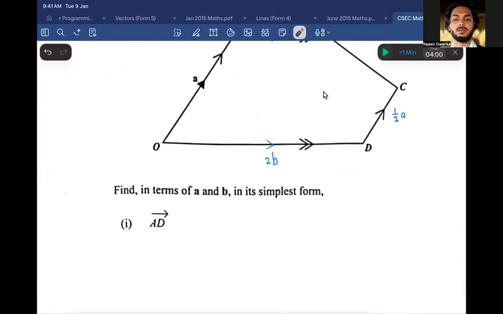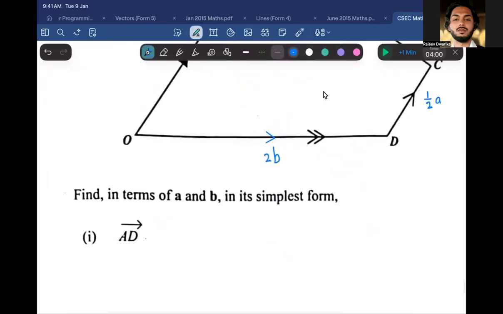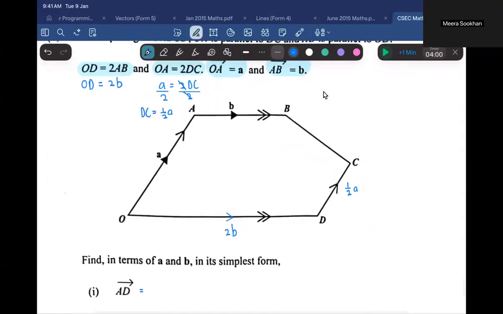So, Mira, help me with part one. I promise it's really easy. The goal is I want to go from where to where? E to D. Okay, that means I'm starting from where?